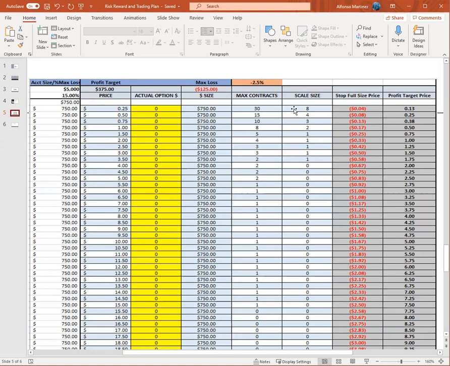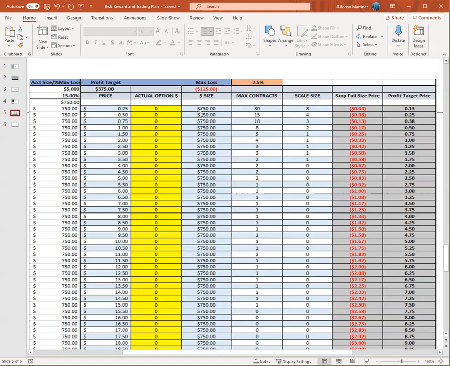And once we have a starter, in this case, 8 contracts of 25 cents, our stop is not going to be the $125. It's going to be less than that because we only have 1/4. A very easy way to determine what your stop is going to be when you are at 1/4 or 1/2 is 50% of that.